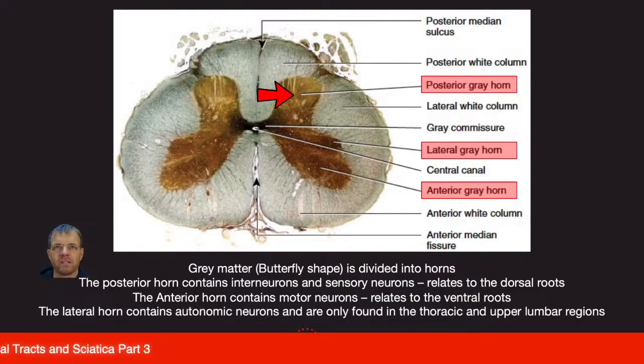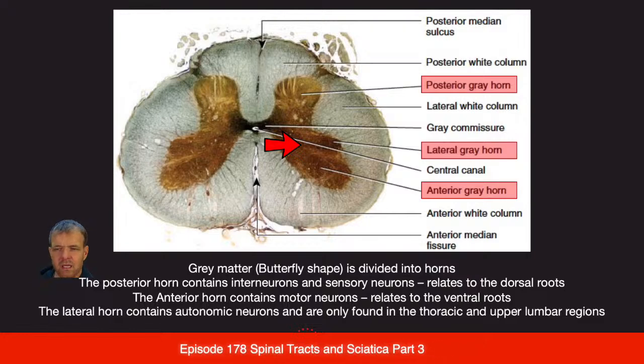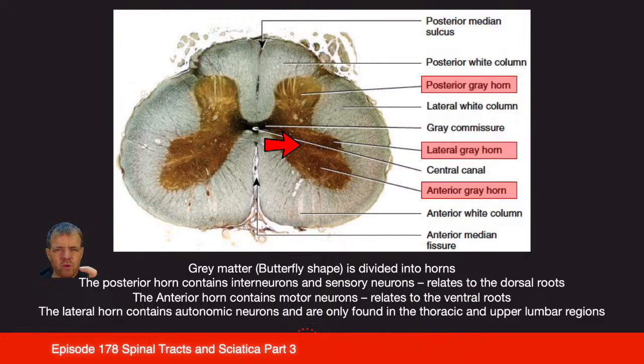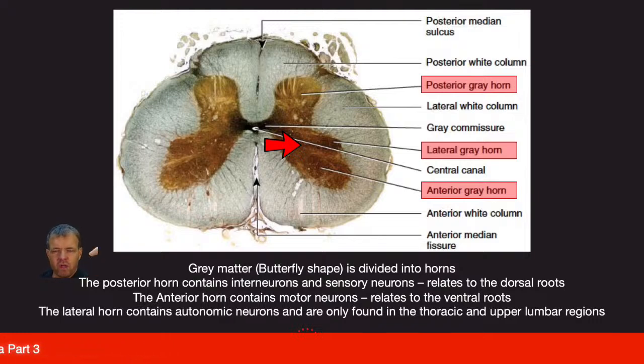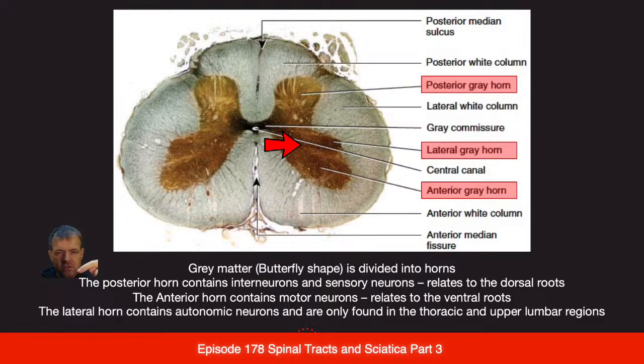So we've got different sections. We've got grey and white matter. So the grey matter is, if we think back to what we did last week and the week before, I think as well, we were talking about interneurons. So where a sensory neuron comes into the spinal cord, and then there's a synapse with an interneuron, a connecting neuron, and then going straight to the motor neuron.